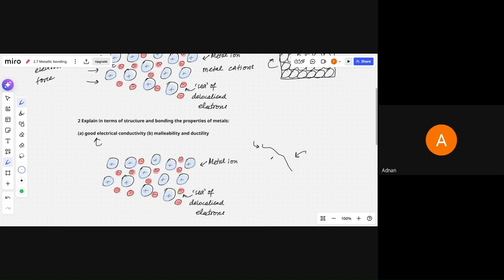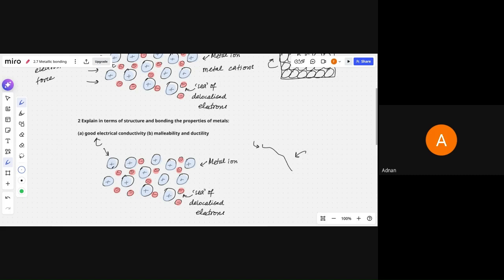Now, how can this property be related to the structure? Let me explain. When a force is applied, like if you are hitting it with something or stretching it, since these electrostatic forces of attraction, not ionic bonds, I'm sorry, are non-directional, and since these are positive ions and delocalized electrons, they can attract each other in every direction.